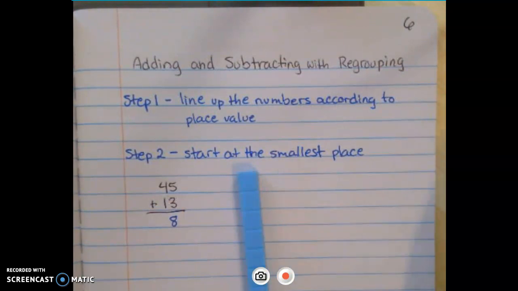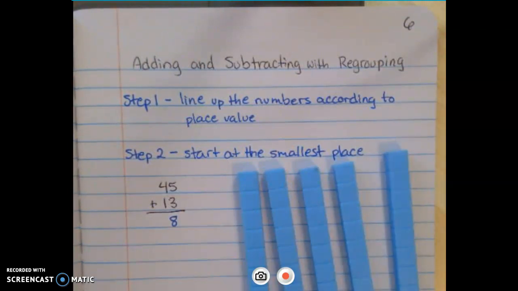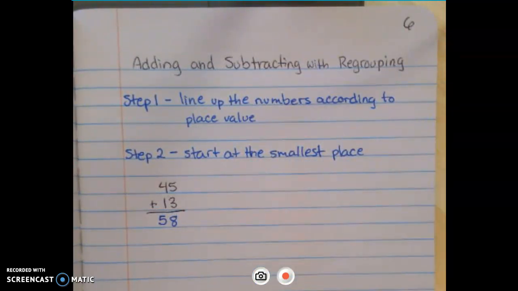I have 4 tens plus 1 more ten. Altogether, I have 5 tens. I'm going to write that digit 5 in the tens column, lining everything up. Here I can see my answer, or the sum of 45 plus 13 equals 58, or 5 tens and 8 ones.